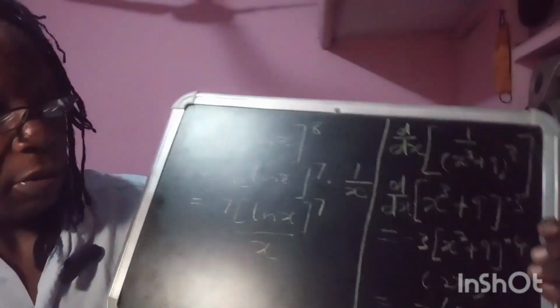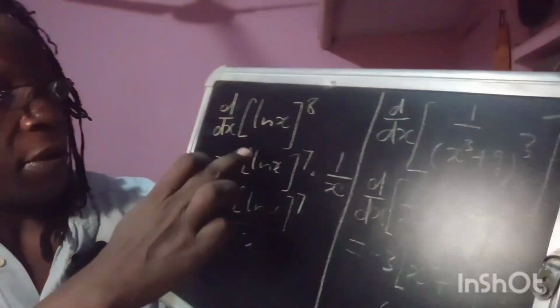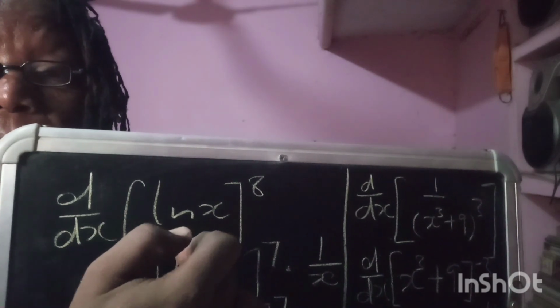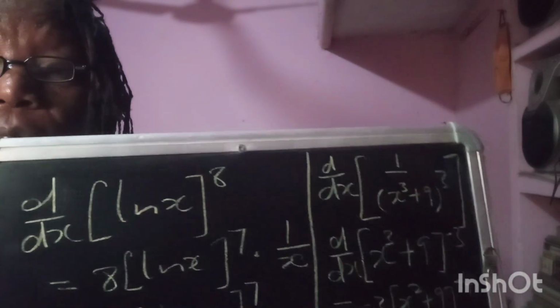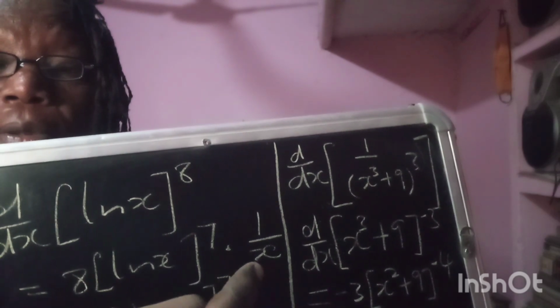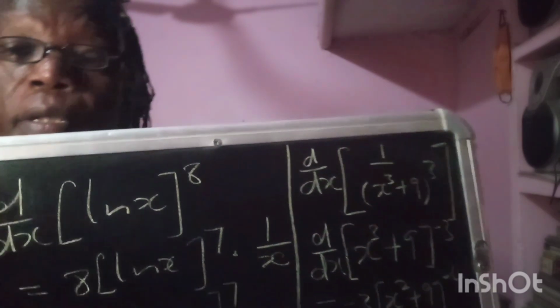After that we differentiate ln x, and when you differentiate ln x, it becomes 1 over x, which is this one. So once you find this one, we move from here to here.